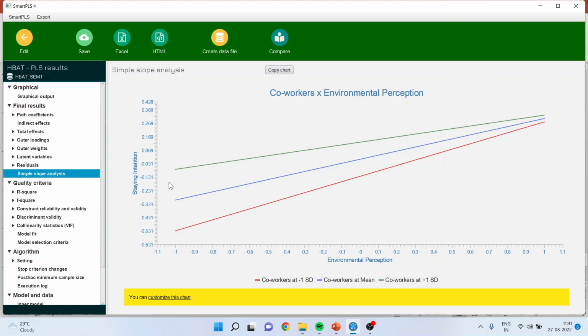Simple slope analysis is only to be done when your moderating variable or moderating construct is continuous. Otherwise, don't do it. Now, when all these three lines are parallel to each other, there is no moderating effect. Here, the moderating effect is present, and this we can confirm by running the bootstrap.